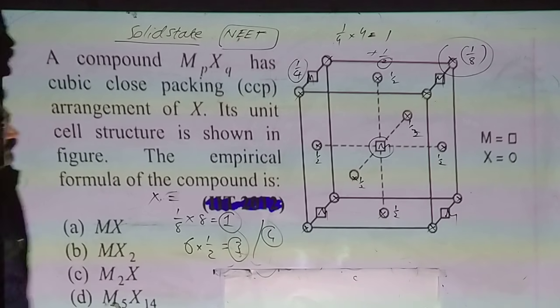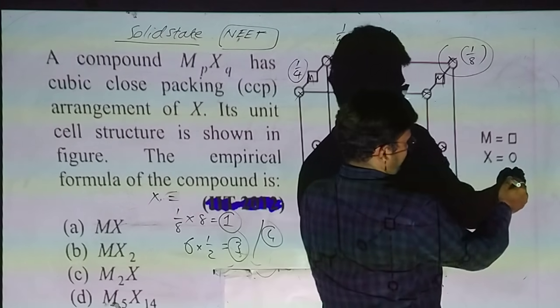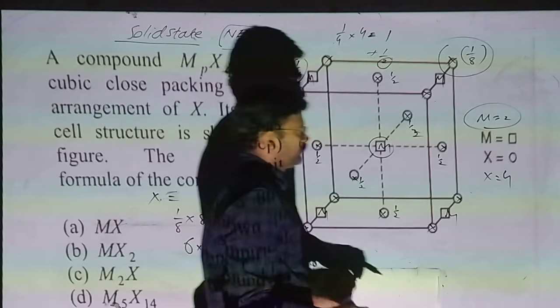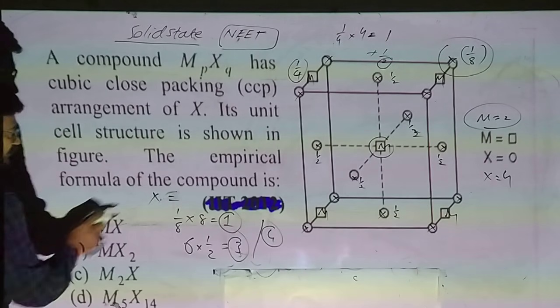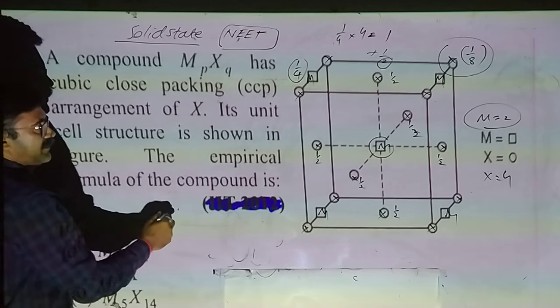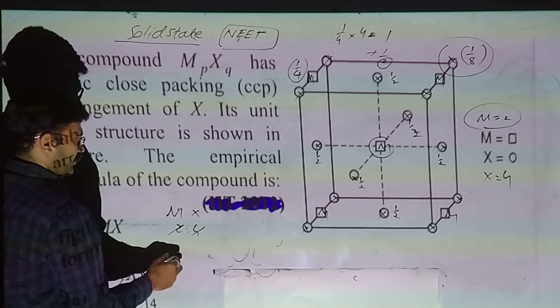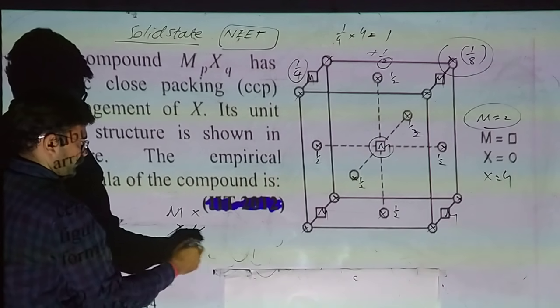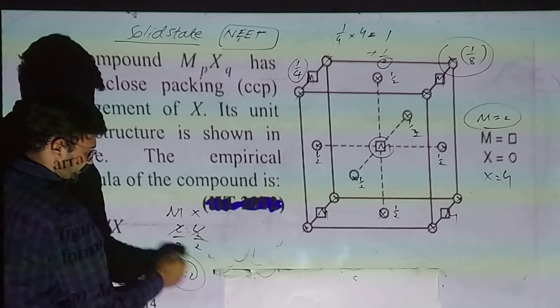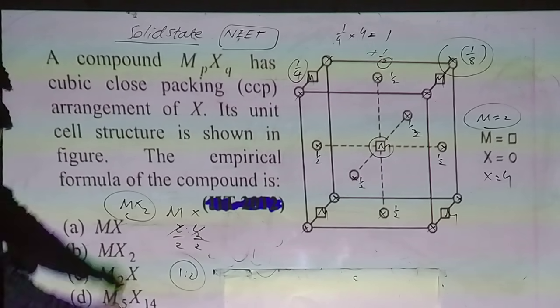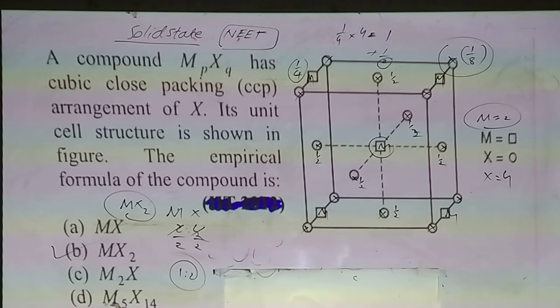So X is 4, M is 2. So the ratio of M to X is 2:4. We are dividing both by 2, so 1:2. So MX2 is our empirical formula.